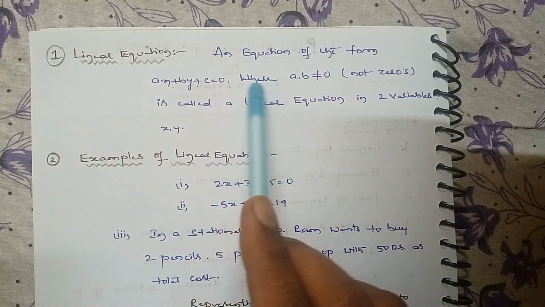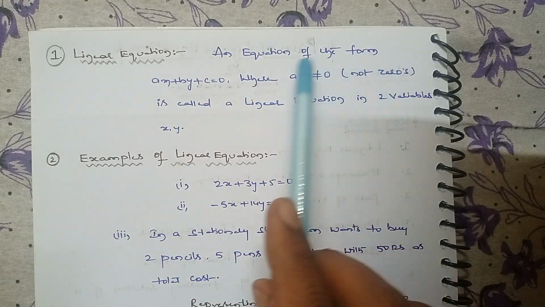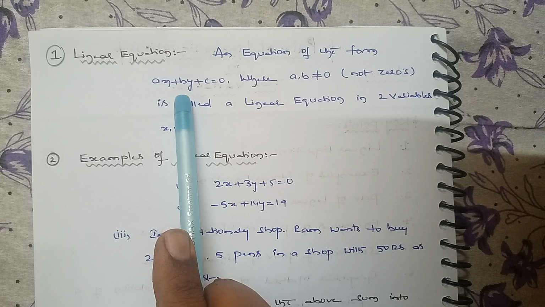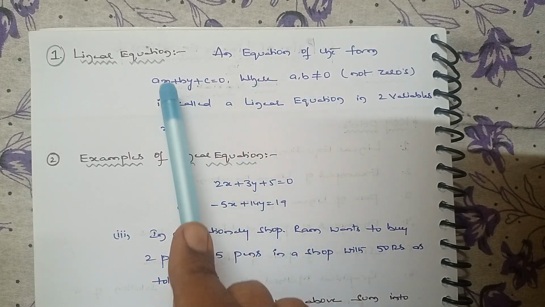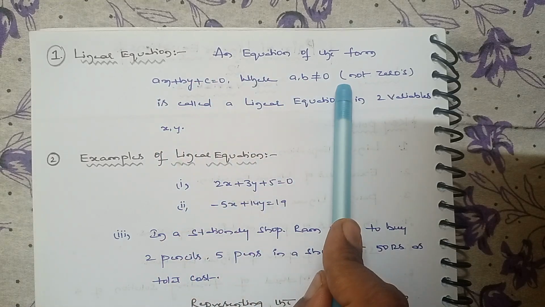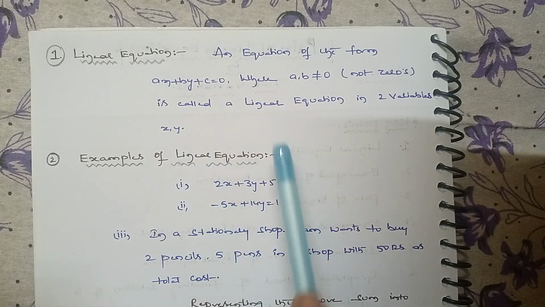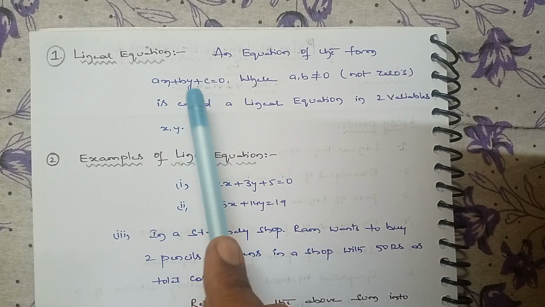Okay, now let's come to the definition part. An equation of the form ax plus by plus c equal to 0, where x coefficient that is a and y coefficient that is b are not equal to 0, then it is called linear equation in two variables. What are two variables here? X comma y.